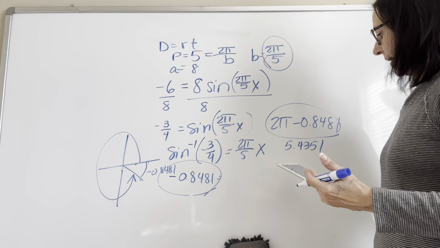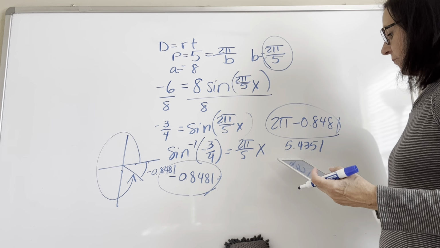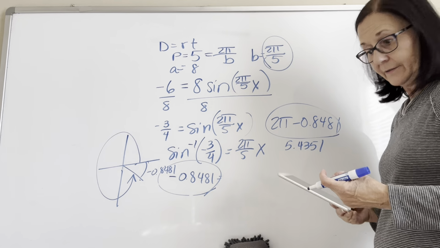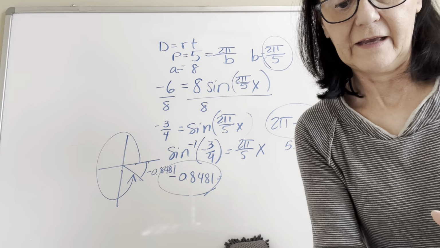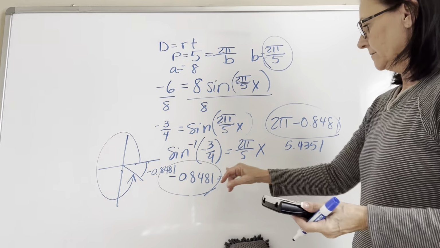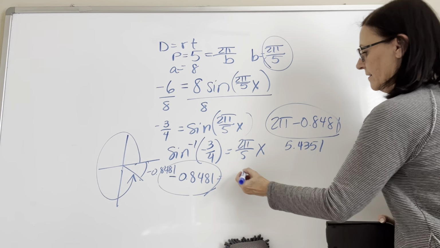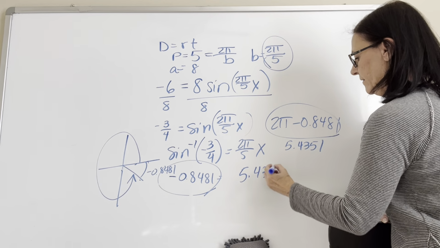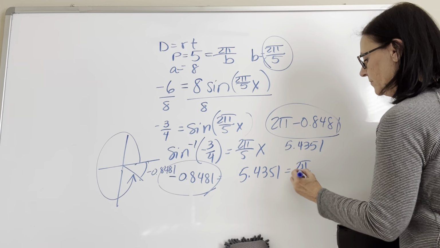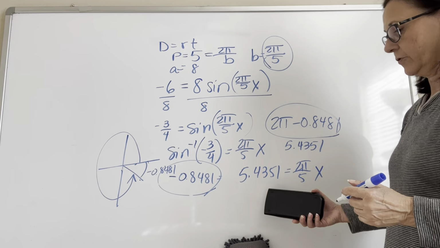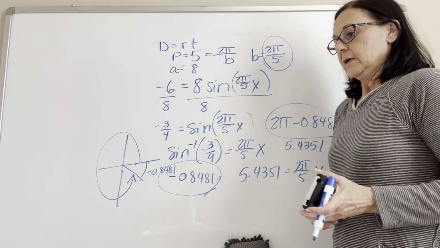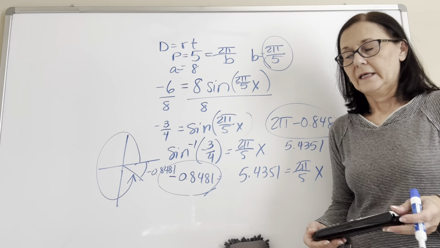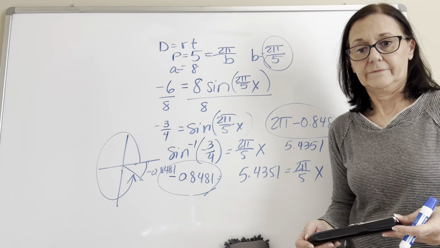Now, I know that that is in the 4th quadrant, right? So I'm going to now multiply it by 5. I have this 5.4351 equals 2 pi over 5 x. That's in the 4th quadrant. But you have to remember, there's also a value in the 3rd quadrant, right?